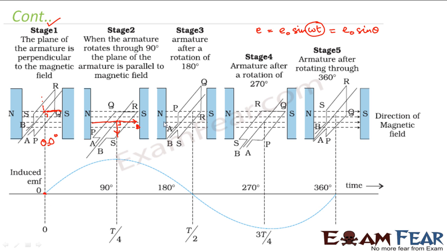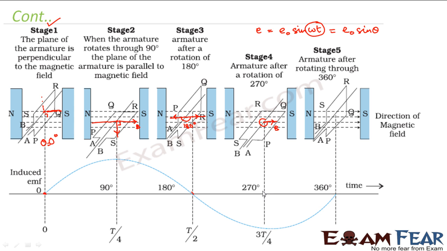Now the coil again gets rotated. So now your angle becomes, this is the angle for B, and now the normal to this is this one. That means this angle is 180 degree. So it is again 0. Corresponding to 180, it is again 0. In this case again, this is the angle of B and now it gets rotated by 270 degree.